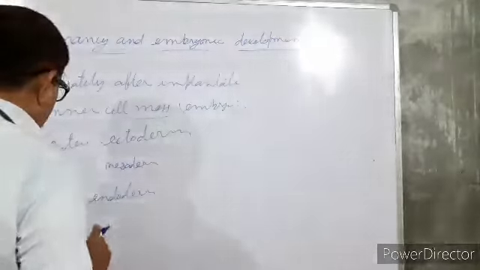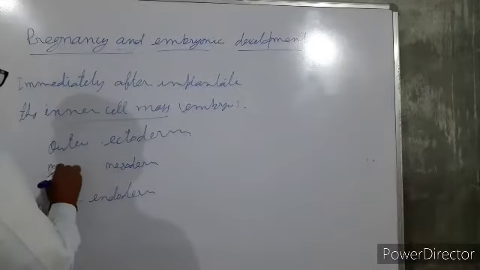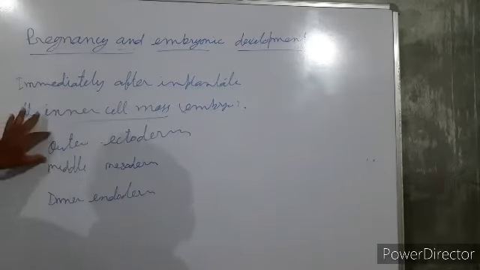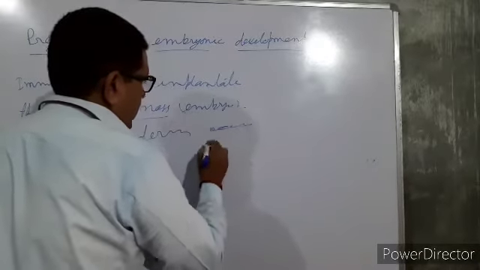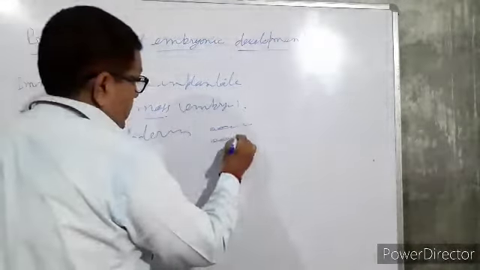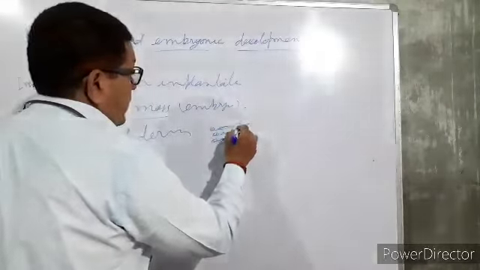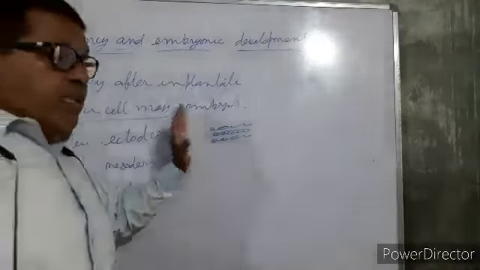Mesoderm. So this will be in the middle. Suppose this is outer, this layer of cells makes the ectoderm, and after that this is the endoderm, and in between the ectoderm and the endoderm one more layer is formed, and this layer is called the mesoderm.